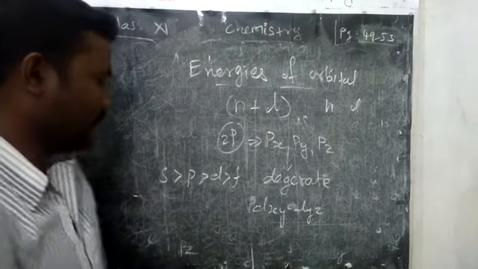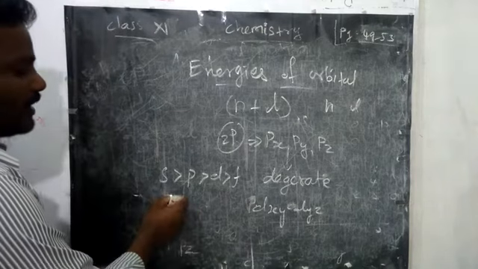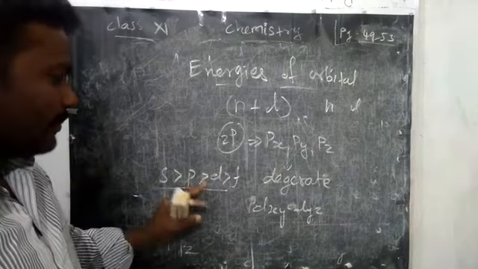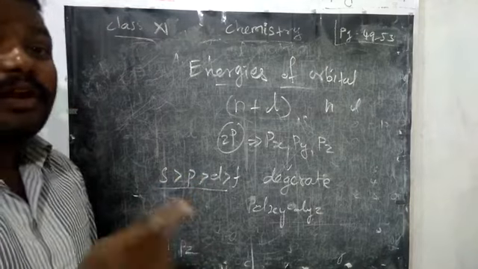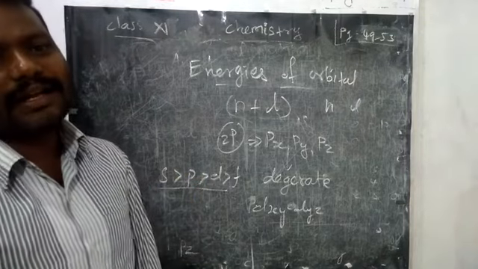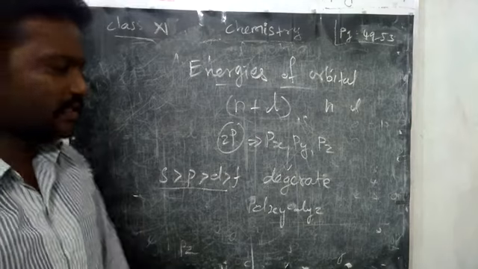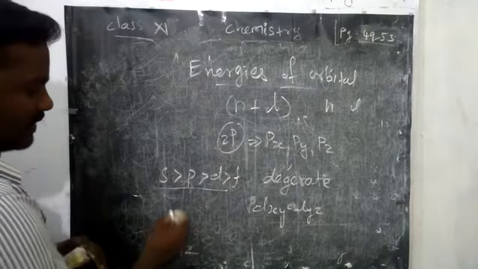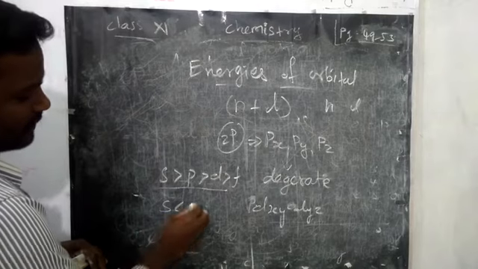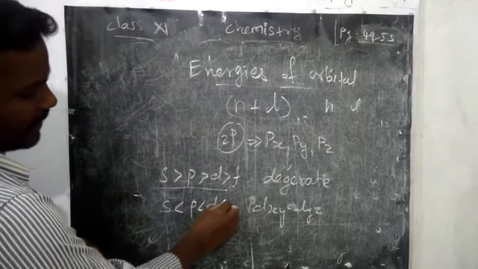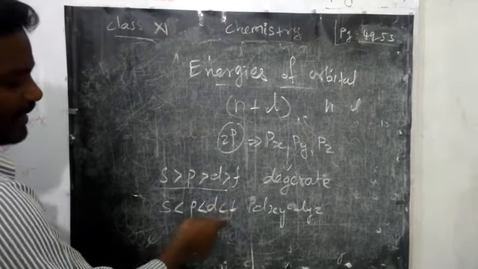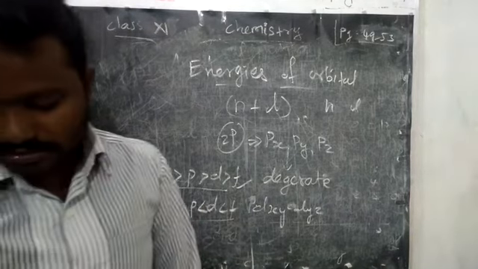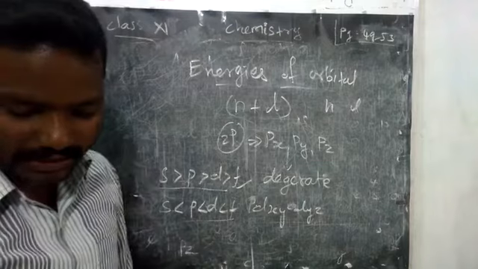So based on effective nuclear charge, we can arrange the orbitals in order. But what about the energies? If you see the energies, it will reverse, because f will have more energy. So s, p, d, f. Energy high means less stability, energy low means high stability. So stability also we can discuss here.